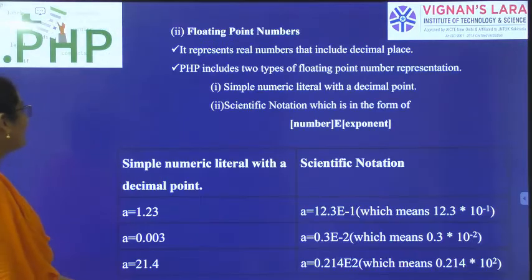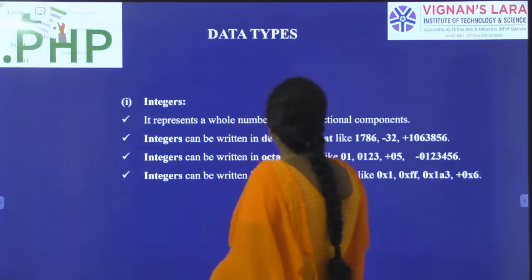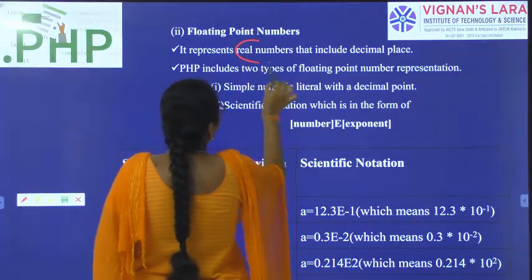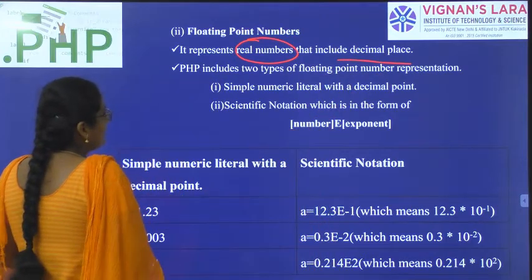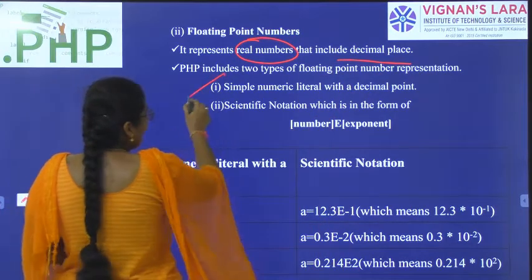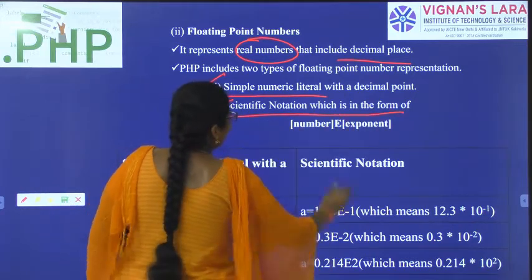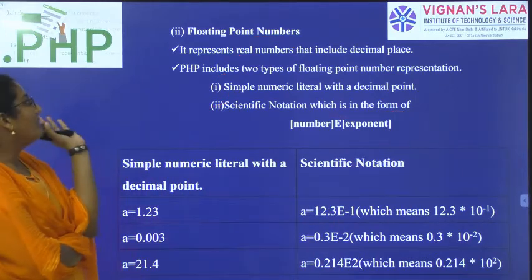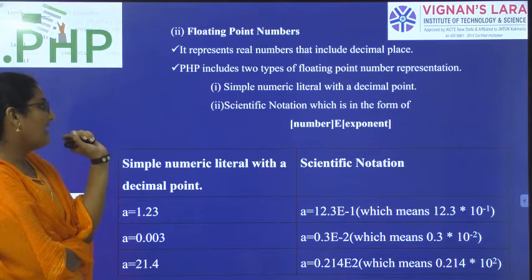This is the integer. So let us see what is a floating point number. Floating point is nothing but real numbers that include a decimal place. PHP includes two types of floating points: simple numerical literal with decimal point, and scientific notation.